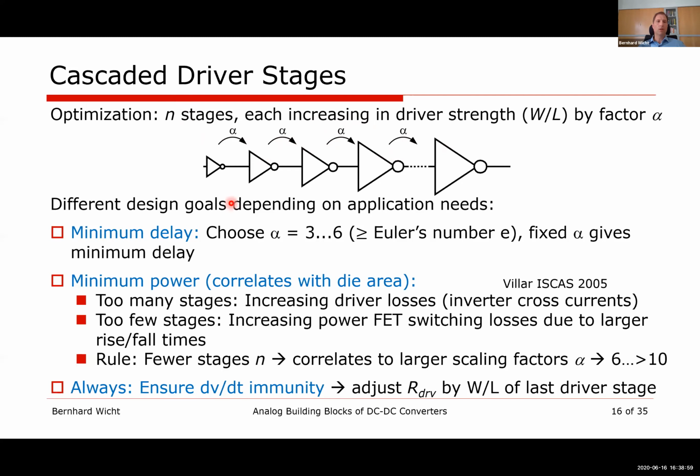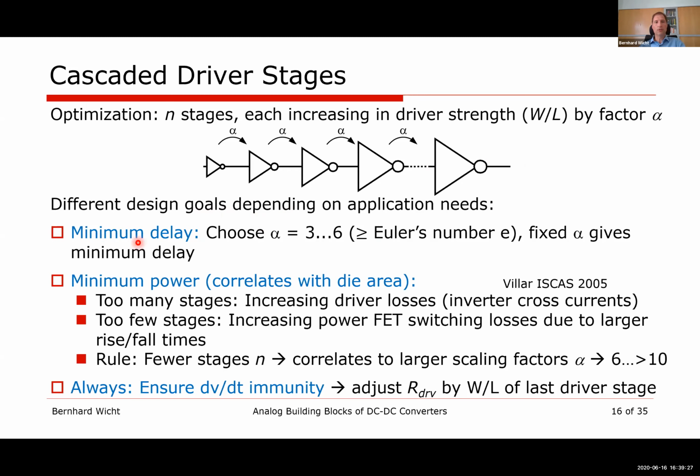In general, often we find that the goal is to achieve a minimum delay. So we give a signal here at the left and we want to turn on with the maximum speed, which also lets you achieve a very steep slope in our switching transition. So the PWM transition will be very steep, and that reduces our switching losses. So it's a very relevant case.